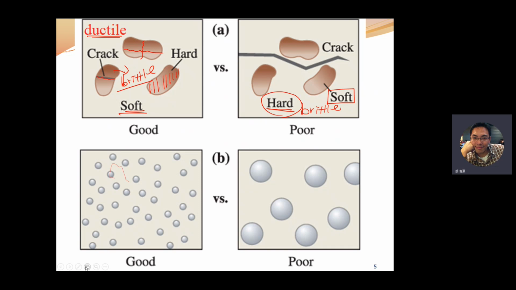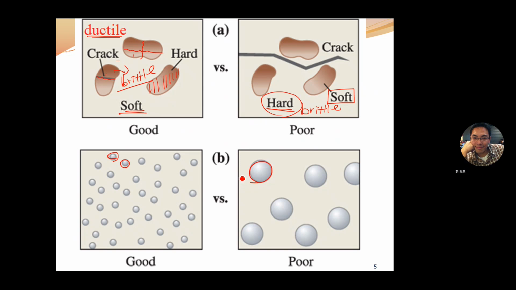Also, we need smaller precipitate particles, like figure B on the left. Usually smaller is better: a smaller precipitate or dispersed phase is better than the bigger size.